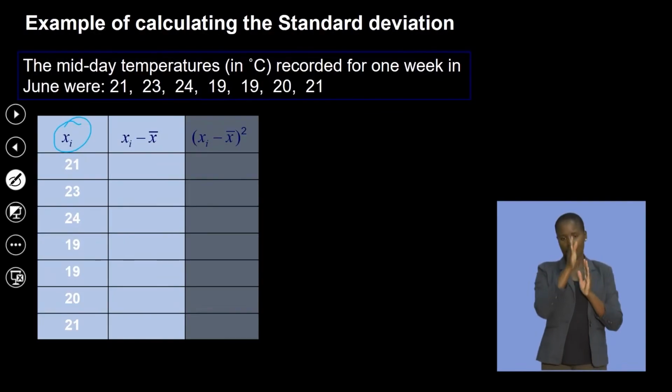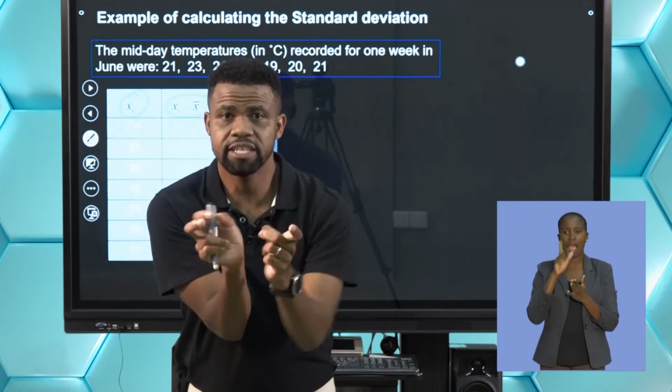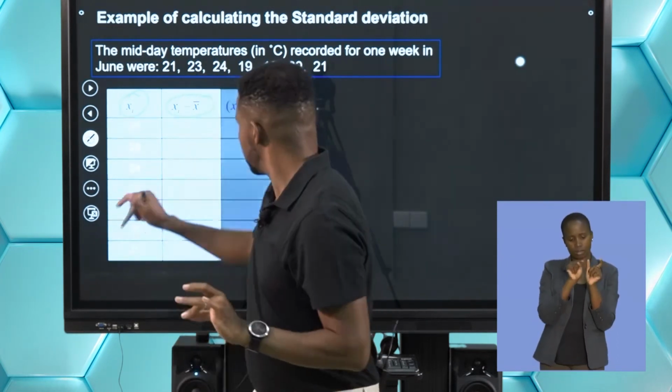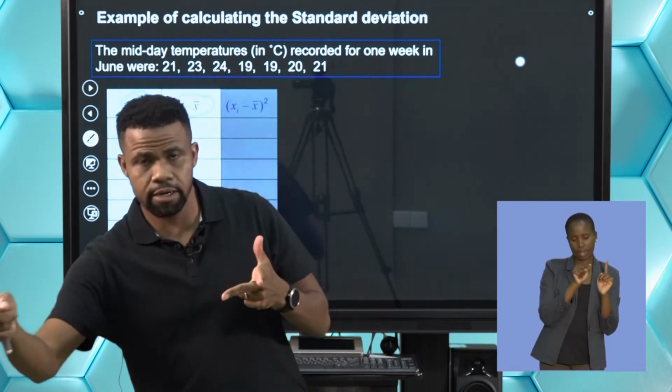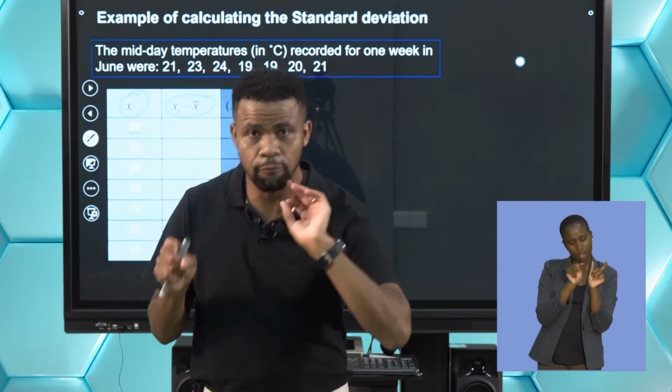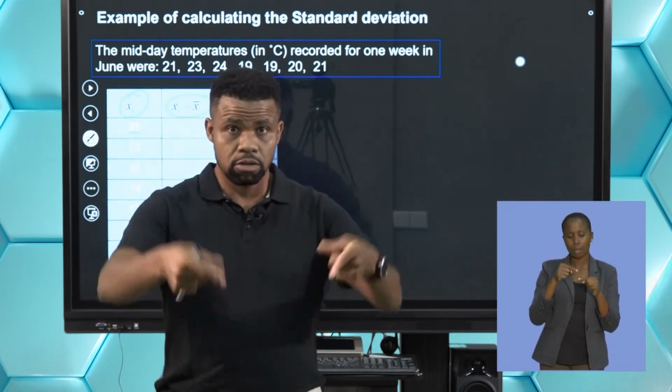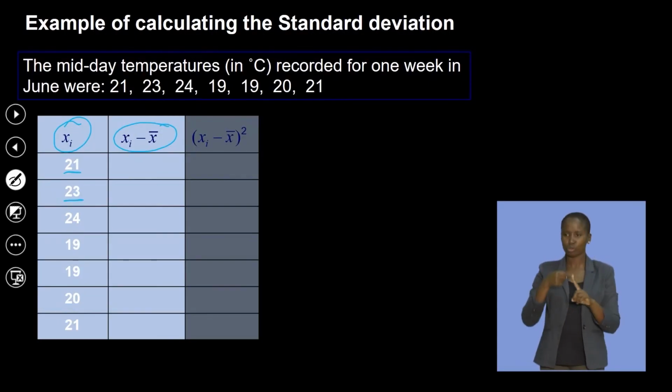Now, we are going to calculate the deviation, the distance between 21 and the mean, the average. What is the distance from 21 to the average? From 23 to the average? From 24 to the average, for each and every data value. Hence x_i takes each and every data value we have, and we're going to square that.